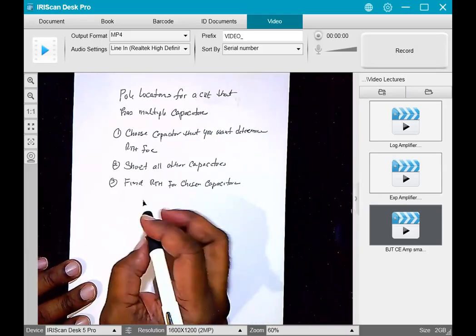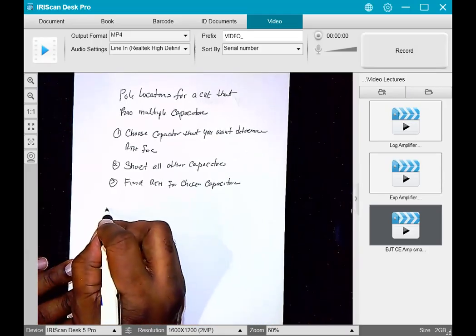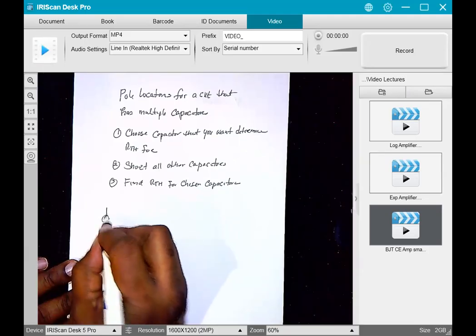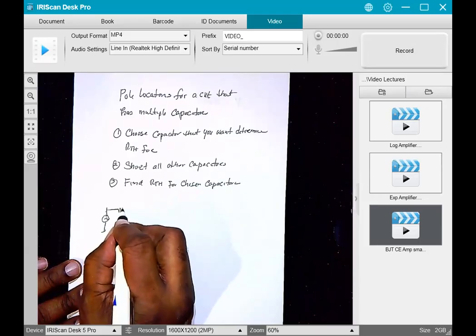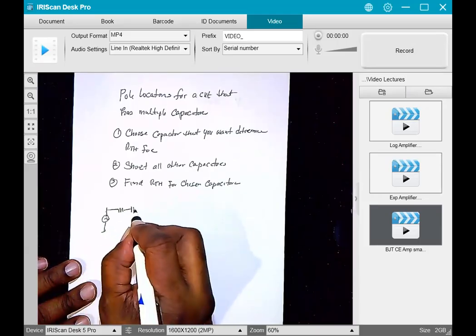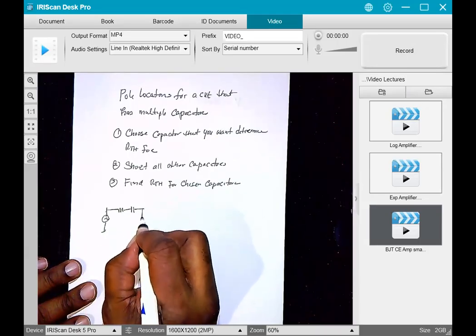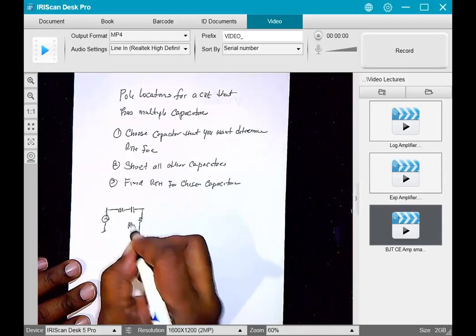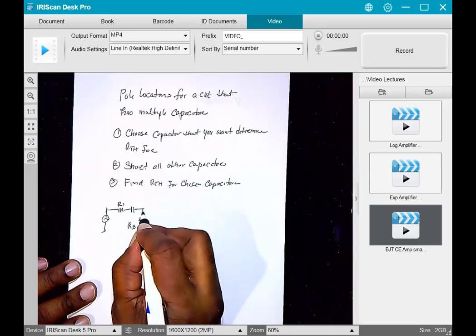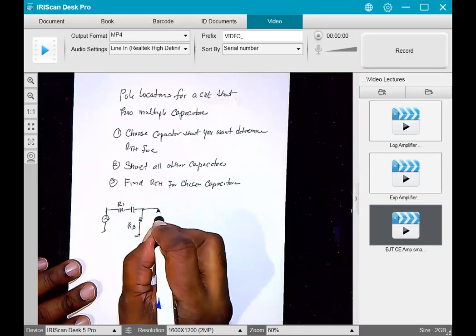So let's see if we can do this quickly. Let me redraw the circuit over here. I'm going to put all the capacitors in, and then I'm going to pretend that they're shorted. Instead of redrawing the circuit every time.